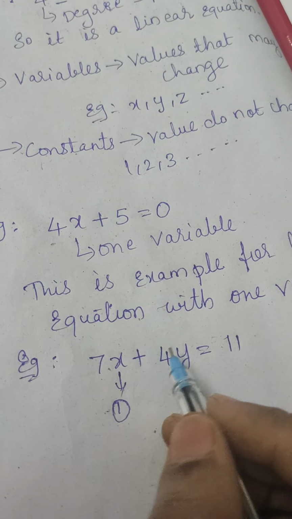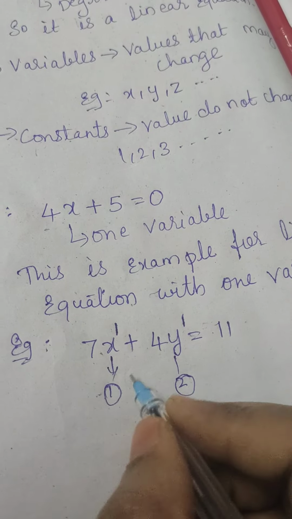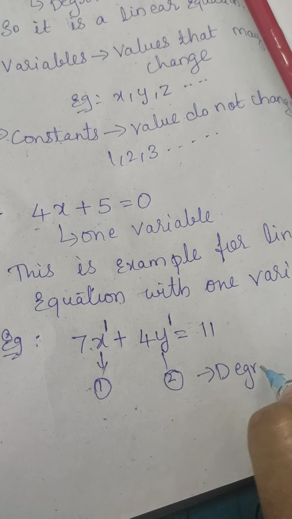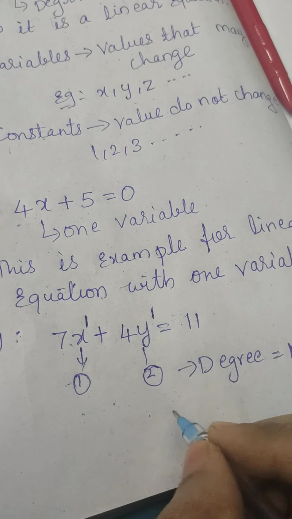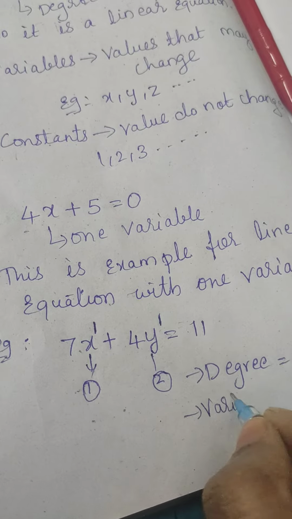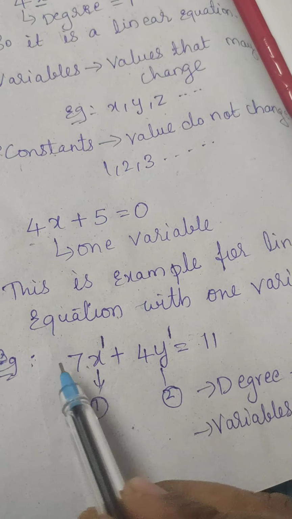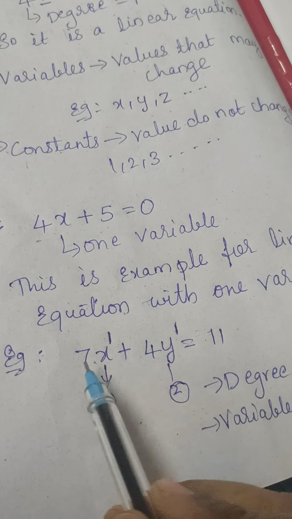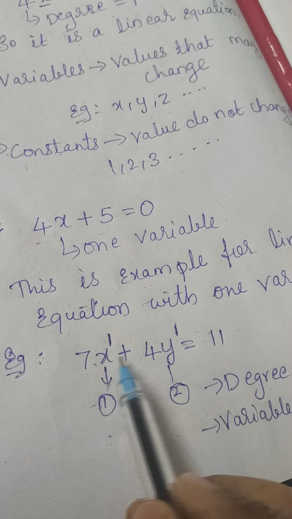This is a linear equation because degree is 1, but variables are 2. So this is a linear equation but not a linear equation in one variable. It is a linear equation with two variables.